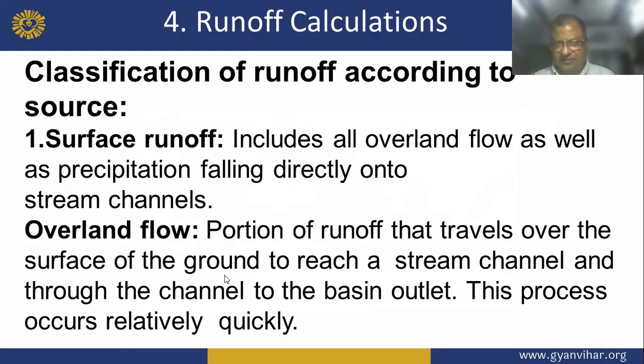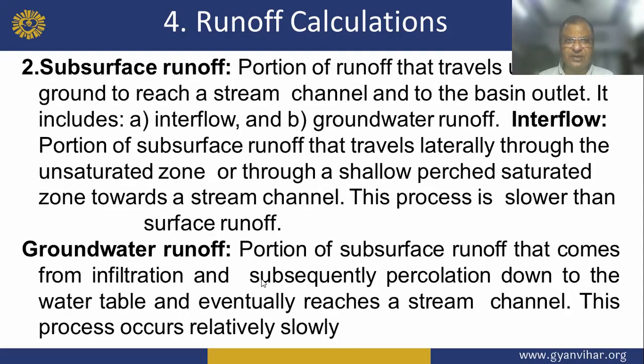Surface runoff includes all overland flow as well as precipitation falling directly into the stream channel. Overland flow is the portion of the runoff that travels over the surface of the ground to reach a stream channel and through the channel to the basin outlet. This process occurs relatively quickly.